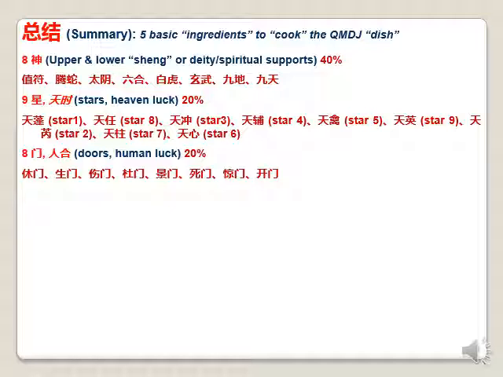For example, the last one, 开门, is auspicious for opening your shop or auspicious to ask about your career. But if you ask about your sickness, it means operation. But whether this operation is good for you or bad for you, there are many details to follow up.